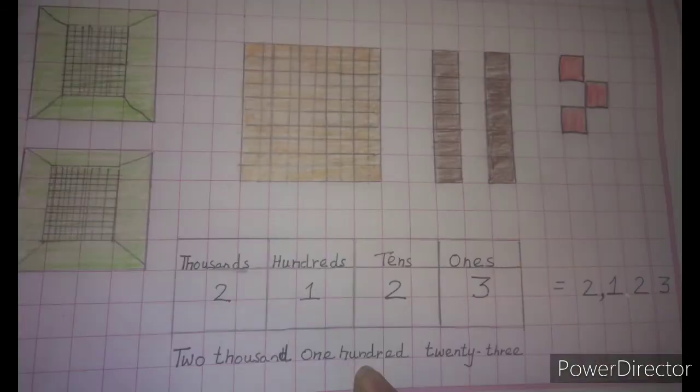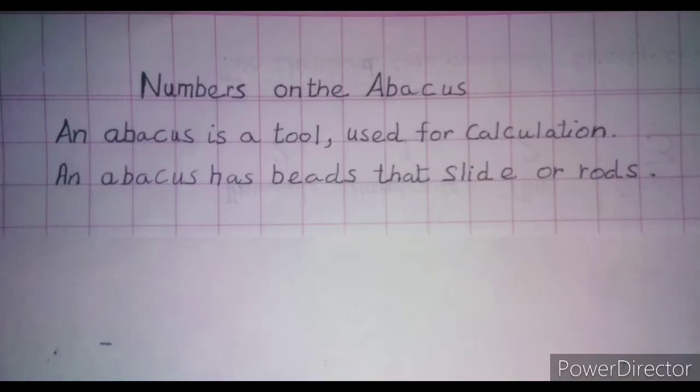And in words we will write it, in spelling, as TWO THOUSAND, ONE HUNDRED, TWENTY-THREE. Now let us revise the next topic, that is numbers on the abacus.